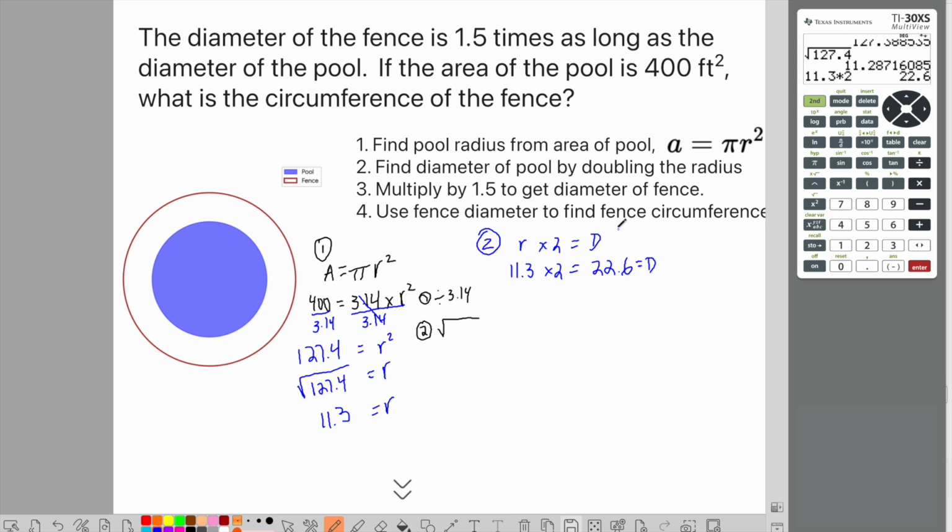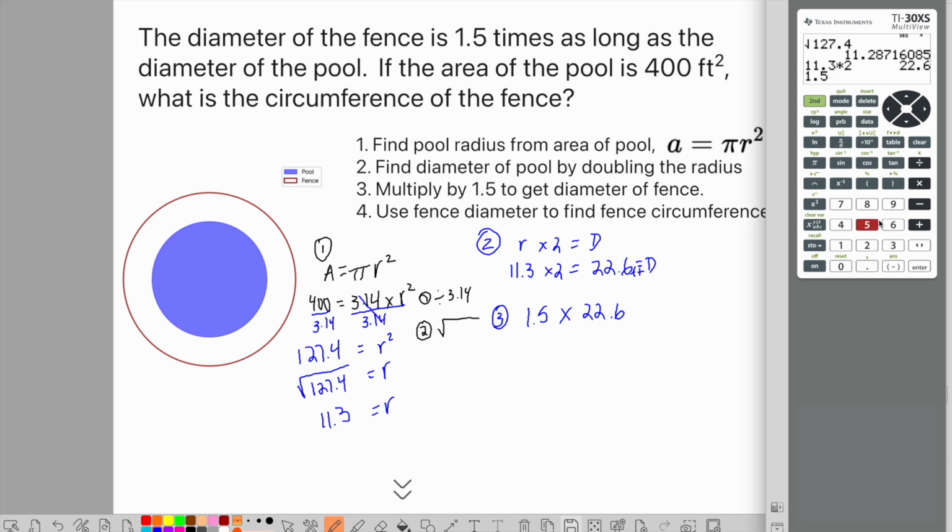All right, so now the diameter of the fence is 1.5 times as long as the diameter of the pool. So if we've got 22.6 feet for the pool, what we need to do is take 1.5 times that, and that's going to give us 1.5 over here in the calculator times 22.6.